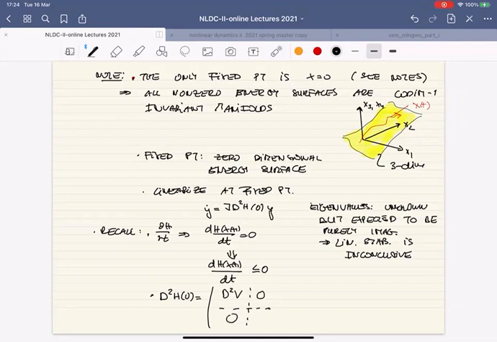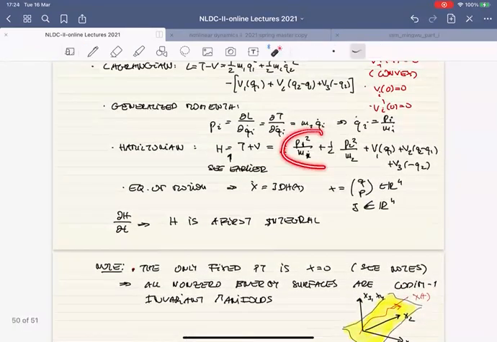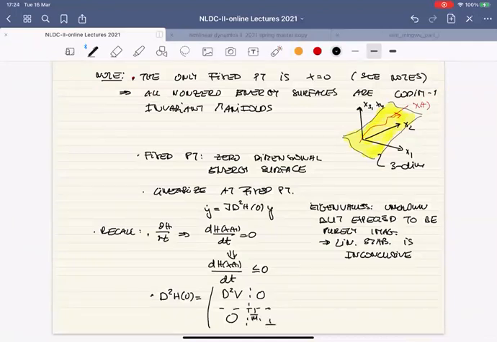And when I take the derivatives with respect to the p's, p1 and p2, then I see what they are fairly easily. They are 1 over m1, because this is a second order derivative, 1 over m2, and 0, 0. So this is the structure of the Hamiltonian.